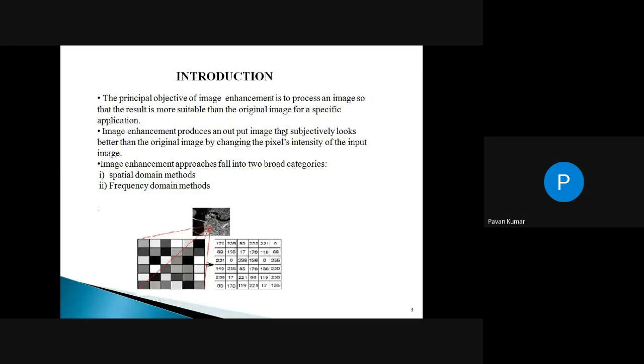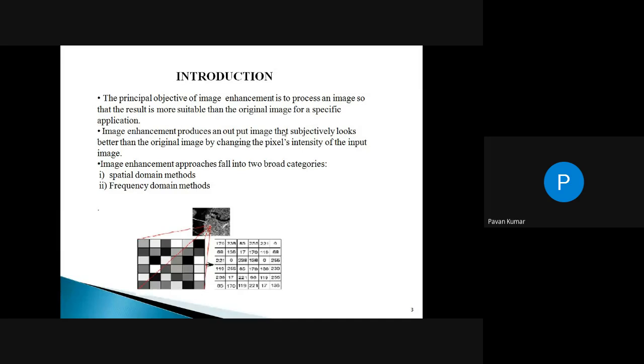We know very well, if you take any image, what is an image? An image is a two-dimensional function that has a measure of some characteristics such as brightness and intensity levels. It is nothing but a two-dimensional signal. It consists of a simple matrix of intensity values ranging from 0 to 255. Here 0 represents black, whereas 255 indicates white.